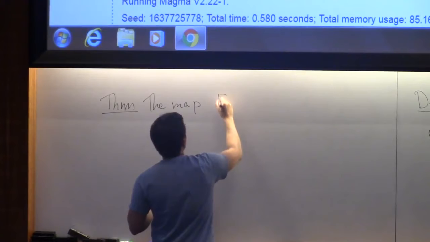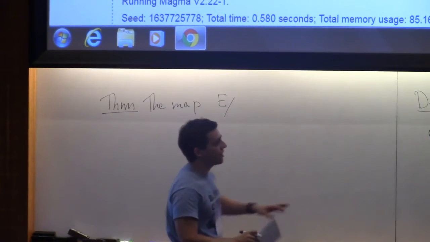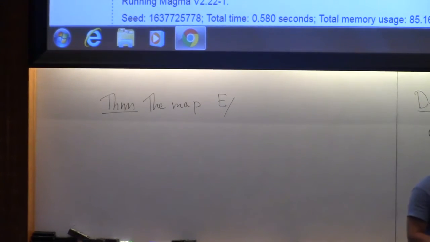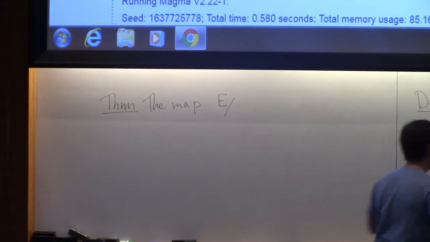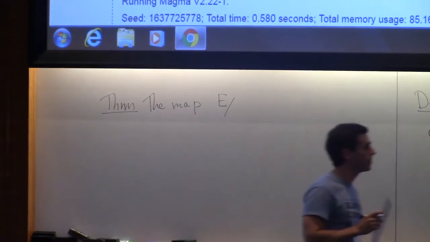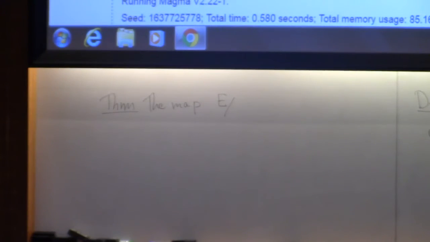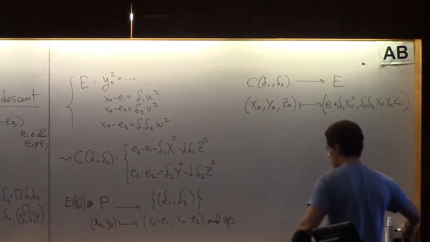So we have a map. It turns out this also forgets about two multiples, so twice a point. It turns out this forgets about those. So it's a map, yes, modulo squares.